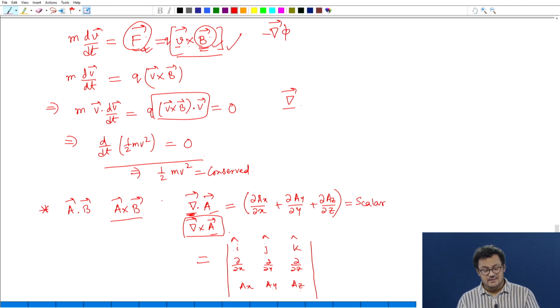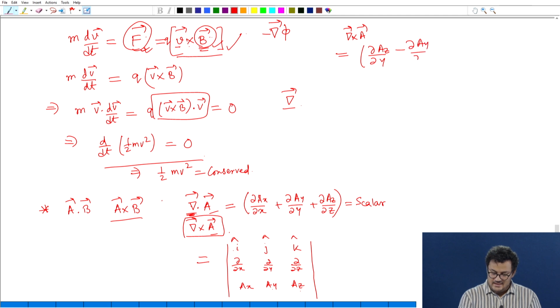What will be the jth component? I will just write it one by one. So, curl of A will be equal to (del Az del y minus del Ay del z) I cap, or x cap, whatever; I will use I cap, j cap, k cap somewhat equivalently, so please bear with that.